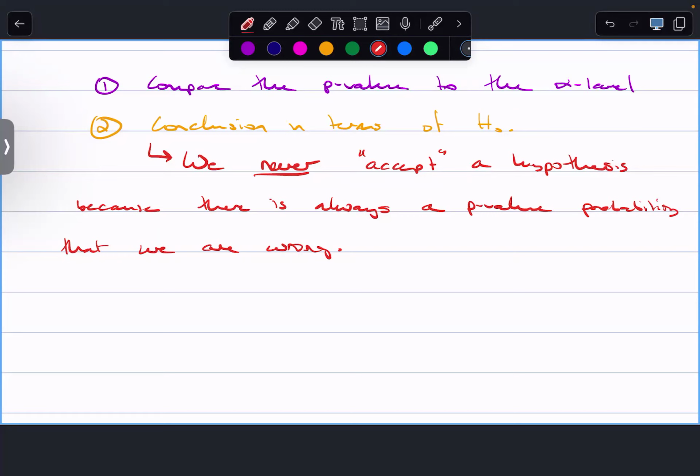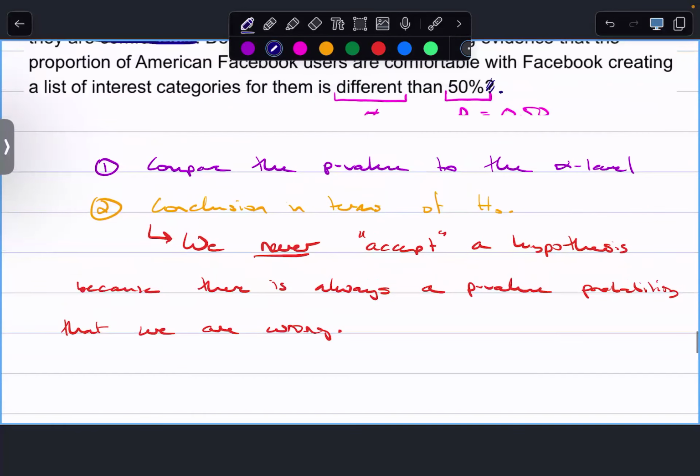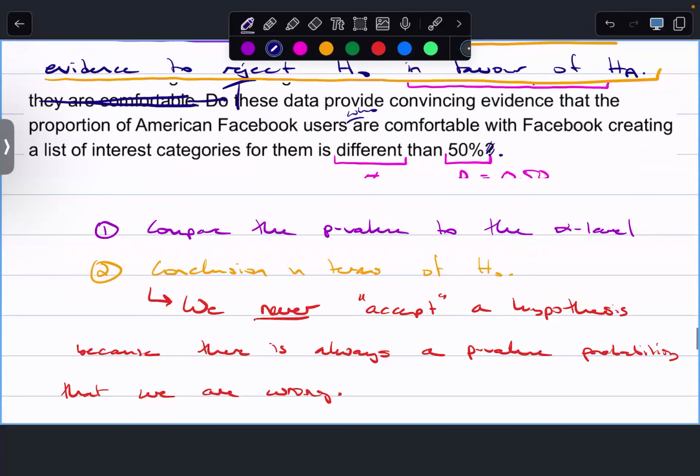Okay. So although it's tempting, I don't want to see it. So you either have enough evidence to reject H naught or you don't.